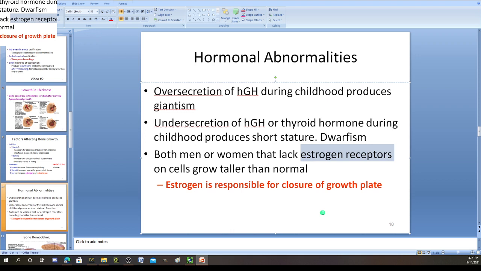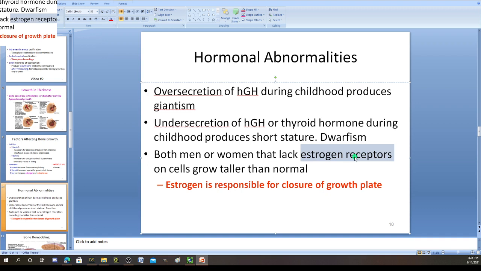So you continue to grow, and people can get taller and taller and taller. You may be familiar with there's a population of people in Africa that are over 7 feet tall, and that's a genetic thing that they pass on to their children, and it's due to these estrogen receptors. Estrogen is responsible for closure of the growth plate, and if you lack these receptors, then you just keep growing.